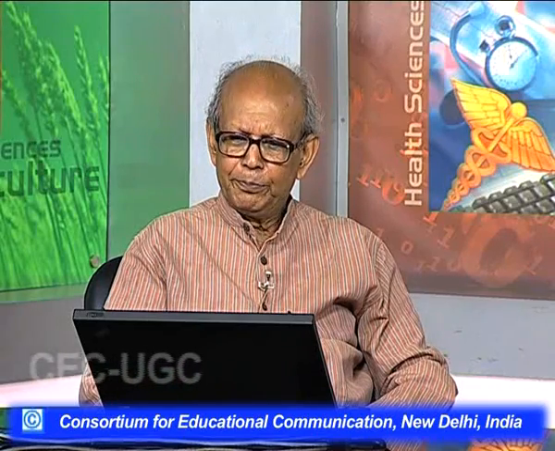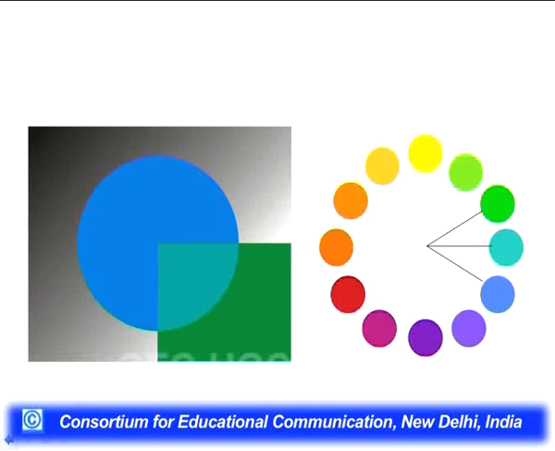Take the example of this color scheme. Here we have taken three colors from one side of the wheel, that is blue, green and blue-green, which is creating the analogous, soothing or harmonious color.